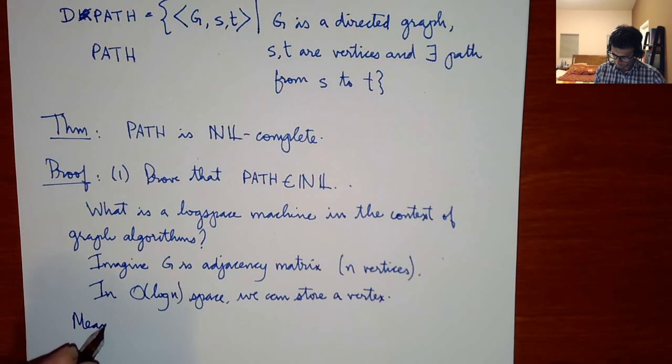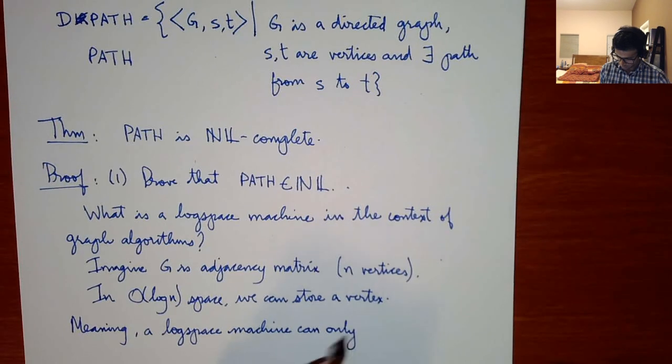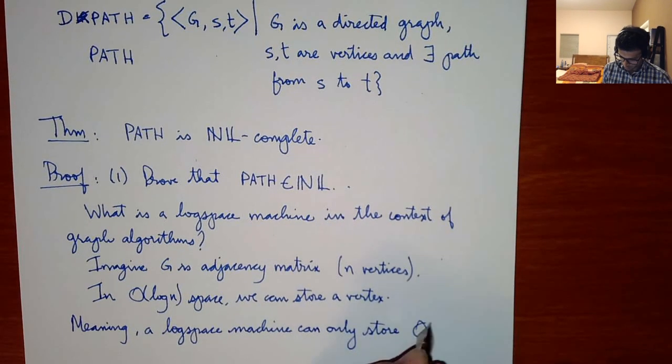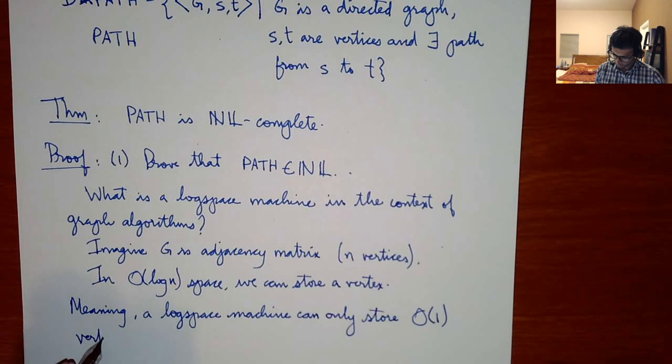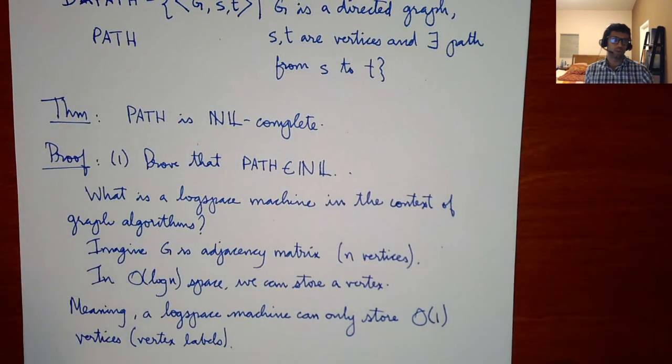Meaning a log space machine can only store O(1) vertices, or really O(1) vertex labels. That's what the machine can store, basically. Unless it does something crazy with the labels of the vertices, but think of it as all it's storing is a bunch of vertices. So let's think of a log space machine as a machine that stores a bunch of vertices.